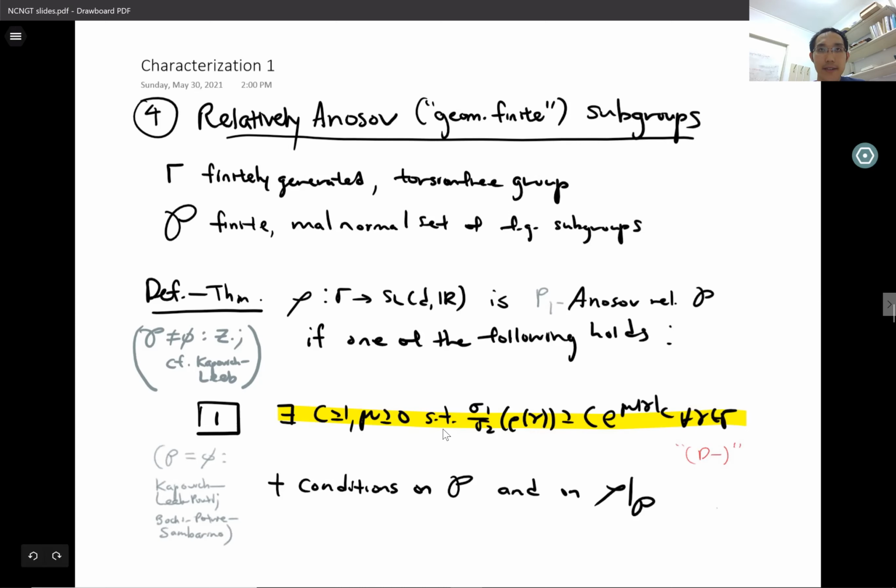In the non-relative case, so when we have no peripheral subgroups, this first definition was first given in different language by Kapovich, Leeb, and Porti, and later formulated in these terms by Bochi, Potrie, and Sambarino. Okay.